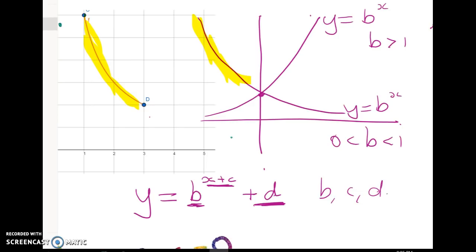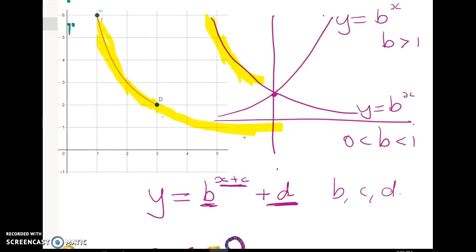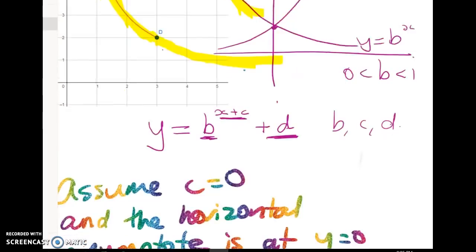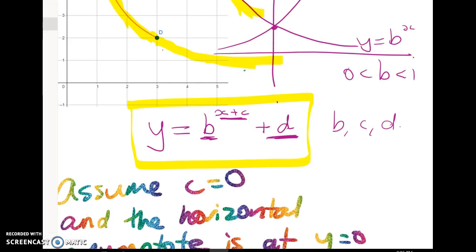So I can't work this out unless I make an assumption. So what I have to do is take that highlighter, and we're going to see where do we think there's an asymptote roughly in here. And we can be reasonably rough with this. So take your highlighter or your pen and just put it through like that, and it looks like it's at about 1. Okay, so we're going to assume that there's a horizontal asymptote at 1. So we're going to work with this and make d 1.